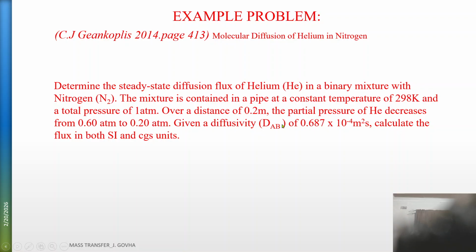The mixture is contained in a pipe at a constant temperature of 298 kelvins and a total pressure of 1 atm over a distance of 0.2 meters. The partial pressure of helium decreases from 0.6 to 0.2, given a diffusivity of 0.687 times 10 to the power minus 4 meters squared per second. Calculate the flux in both SI and CGS units.